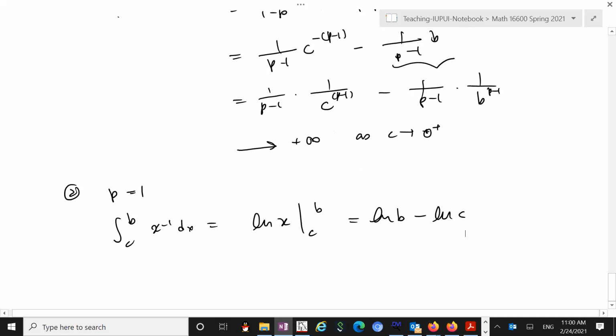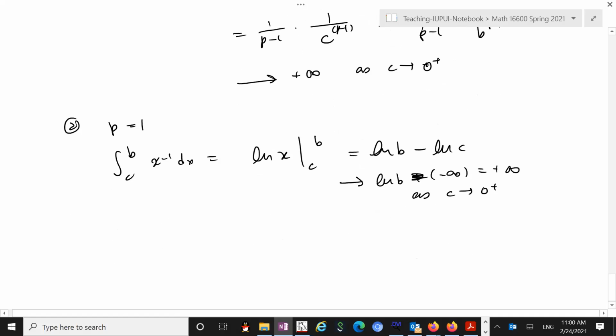But natural log of c approaches negative infinity as c approaches 0. So this approaches natural log of b minus negative infinity, so it's positive infinity as c approaches 0 from the positive side. So this case is solved. And p is less than 1, greater than 0.